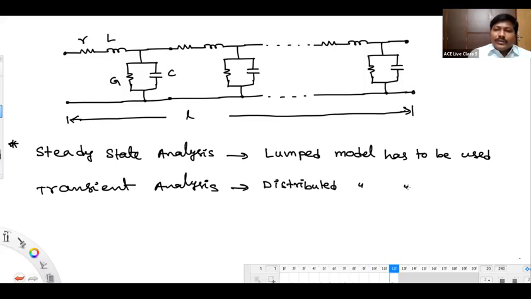Distributed model has to be used. Next, we have some deviations here. Just try to listen to whatever I am saying, and at the end you are going to get good clarity about this classification of lines, why we are doing all these things.